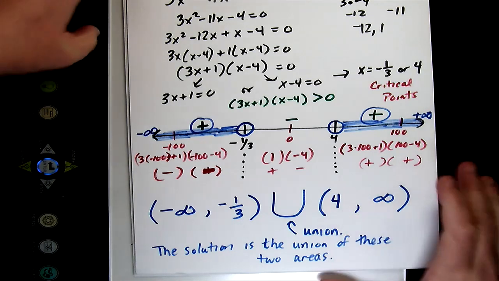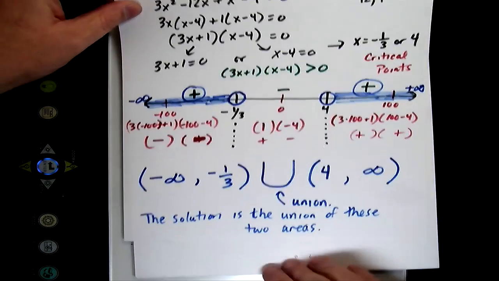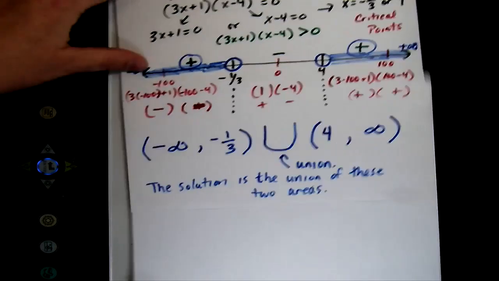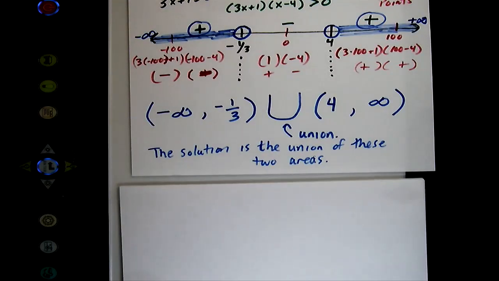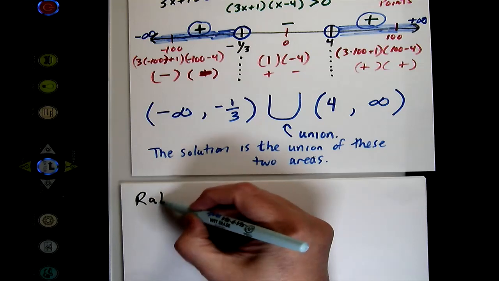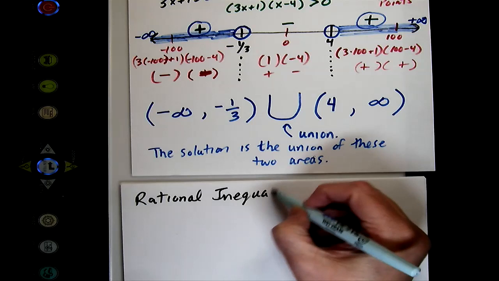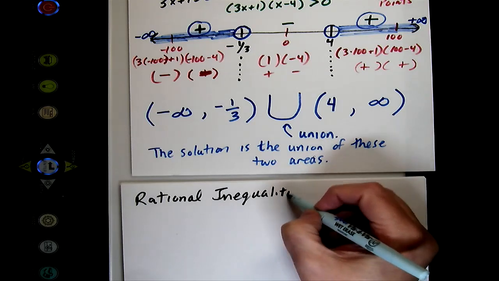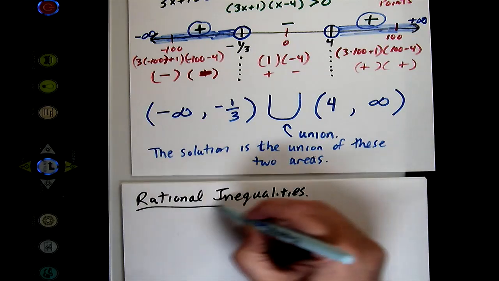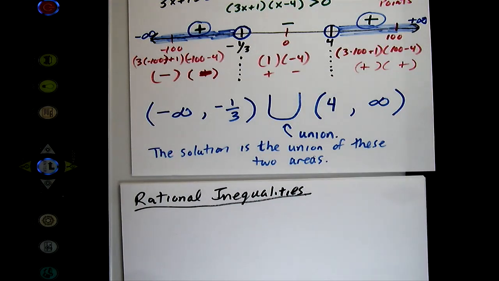Okay. This is where the shit hits the fan. The rational inequalities. Rational means the ratio, means we have fractions.